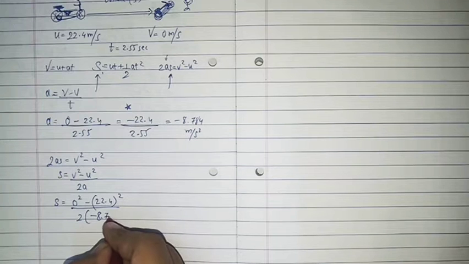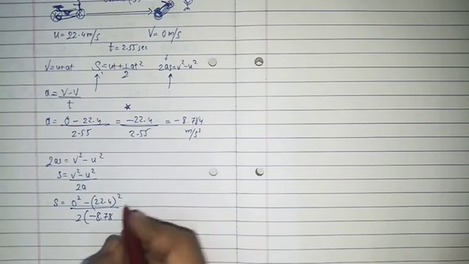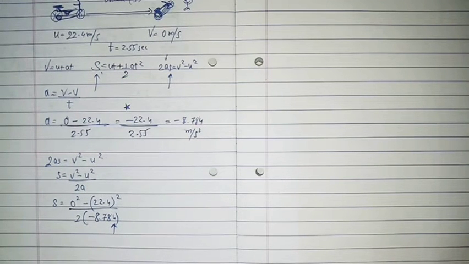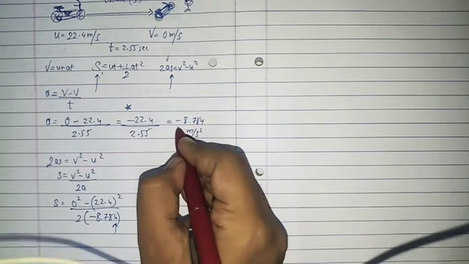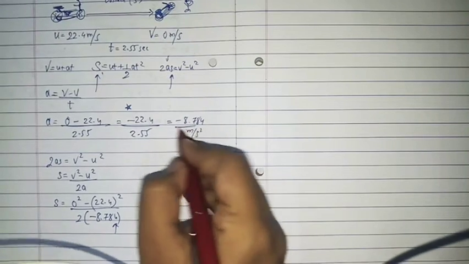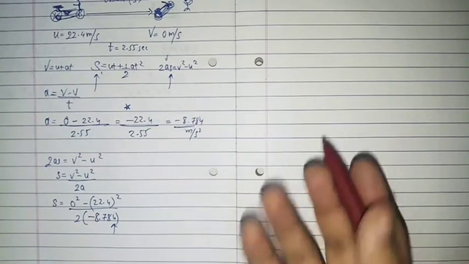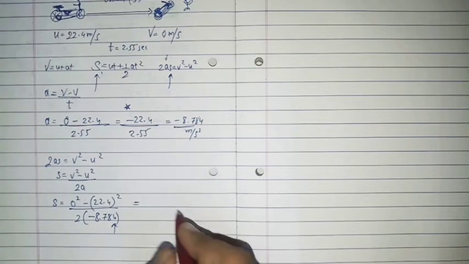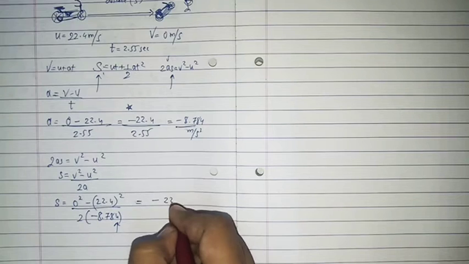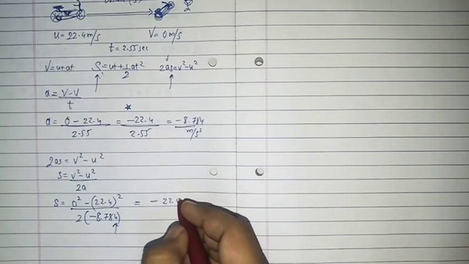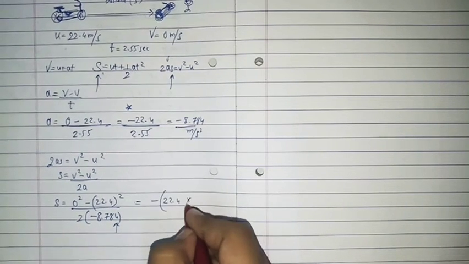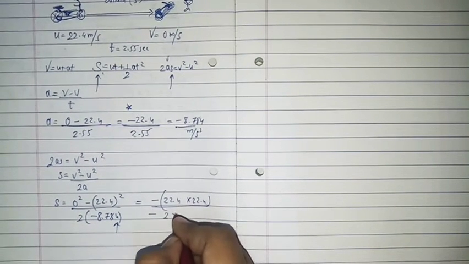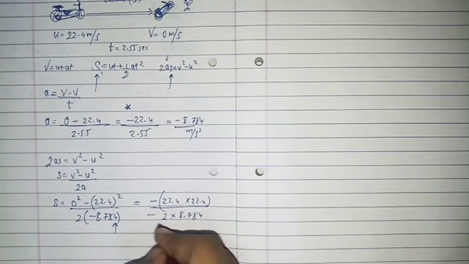Minus 8.784. You can drop this 4 too; if we take till double digit, we can have minus 8.78. So let's take this. Calculate minus 22.4 into 22.4, this is minus 2 into 8.784.